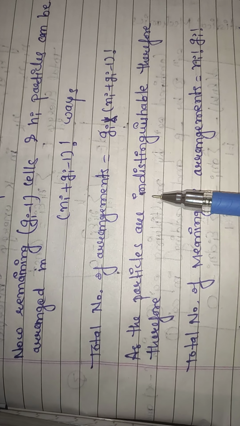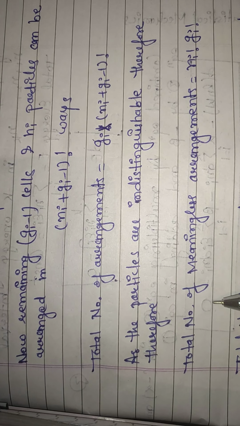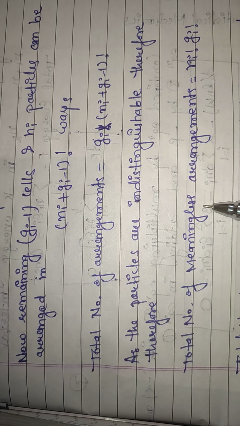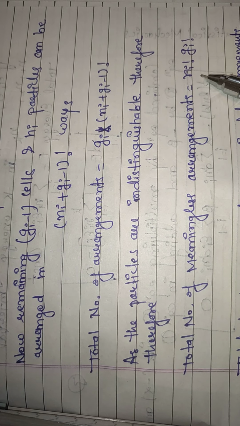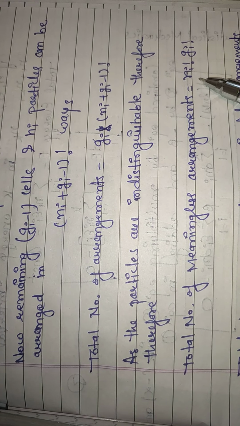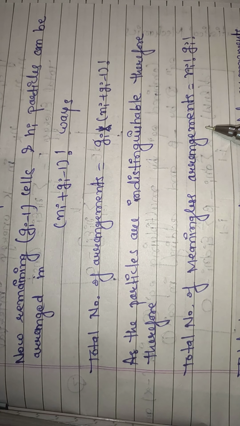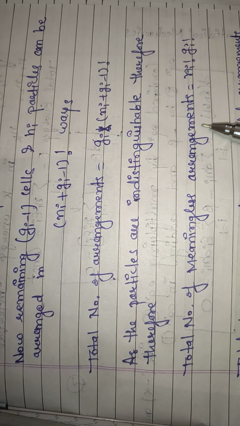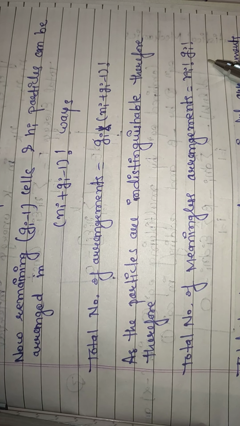So let us find the meaningless arrangements. The arrangements of the ni particles among themselves will be meaningless, because these particles are indistinguishable. Similarly, gi cells' arrangements among themselves will be meaningless.